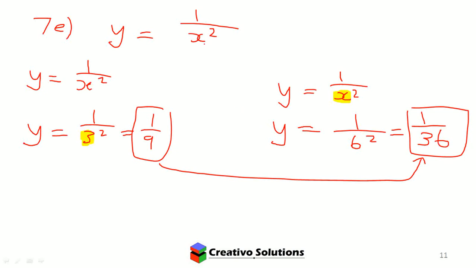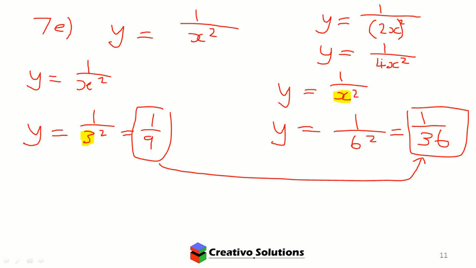So if I'm focusing on the actual equation, what I could say is, if I'm doubling x, what I ultimately am doing is this. I'm going to have 1 over (2x) squared. So I'm actually multiplying out, and I'll have y equals 1 over 4x squared. So when focusing on, they said describe, you could describe this in terms of a quarter.